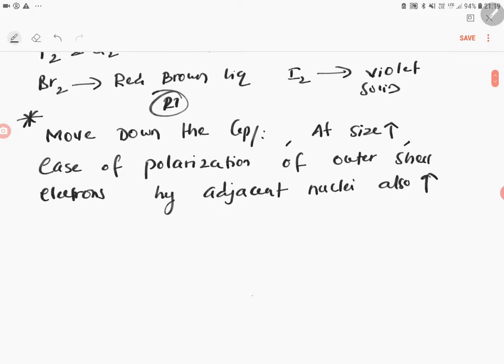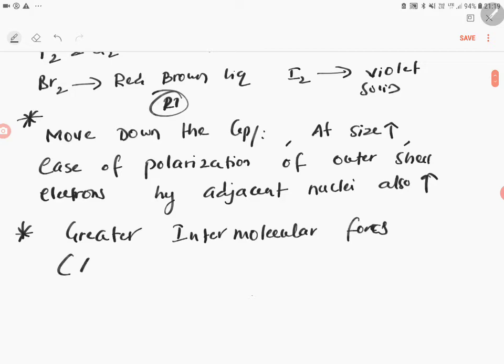What is the meaning of this? As a result of this, there are greater intermolecular forces, which means attractive forces.